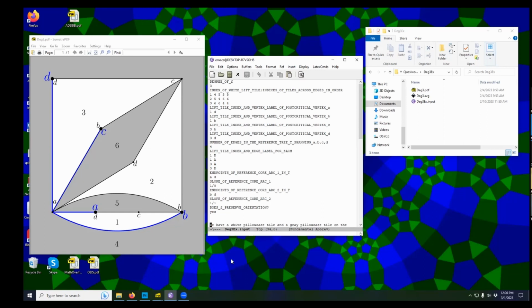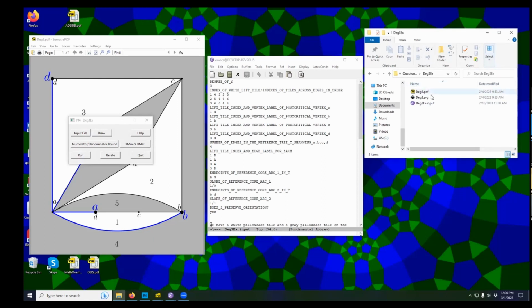Okay? It's time to run the program. Here is the folder. This is our input file. This PDF file is exactly this picture here. So now we click on the PF4 icon and this window appears.